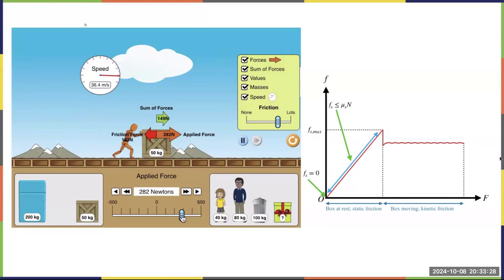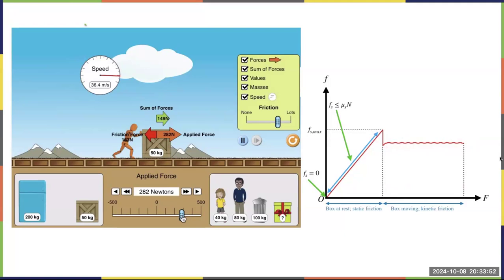Once my object starts moving, there is no static friction, there is kinetic friction. And that kinetic friction force is not a response force, it's a constant force, and it remains constant no matter if you apply a larger amount of force or a medium amount of force. As long as it is moving, the kinetic friction force will always be constant.